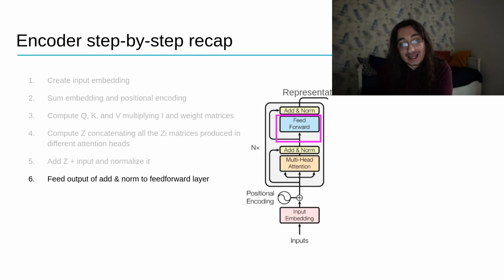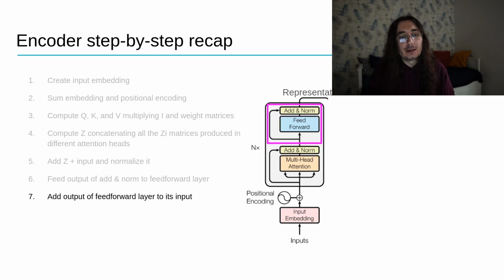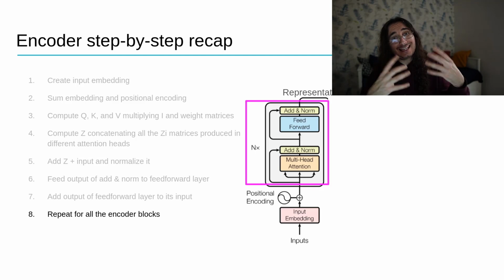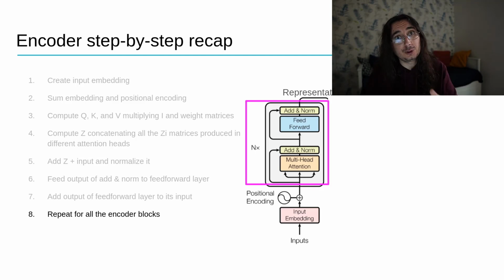Then we take that and we feed that into the feedforward layer. The output of the feedforward layer is going to be added now to its input. So we apply a skip connection here. Again, we apply normalization. And at this point, we are at the end of the first encoder block.